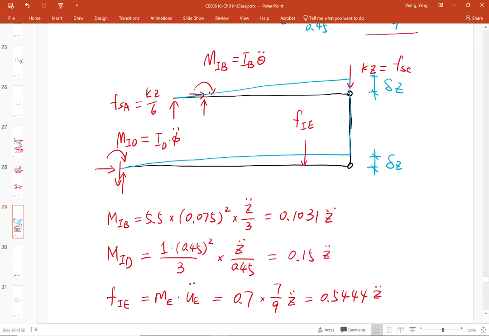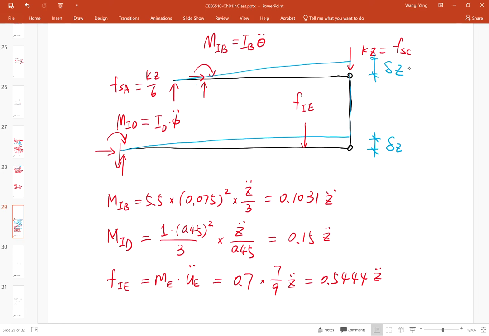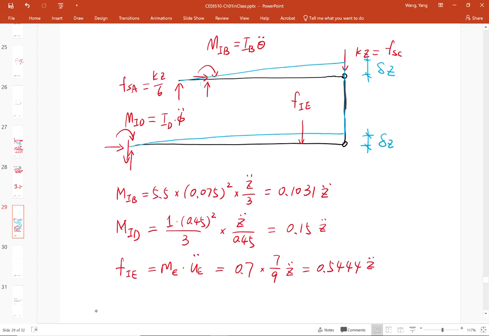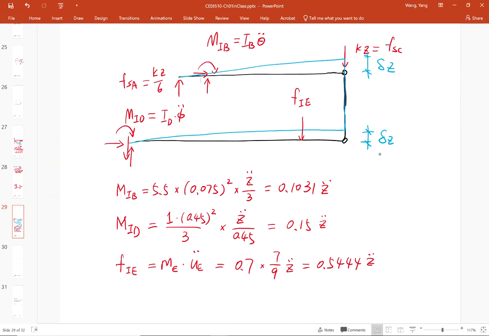Now we need to go through this entire free body diagram and imagine that we have this virtual displacement delta Z happening. How much work is done by every one of those forces or moments, and their summation has to be equal to 0, because from D'Alembert's principle we have this force system that should be in equilibrium.